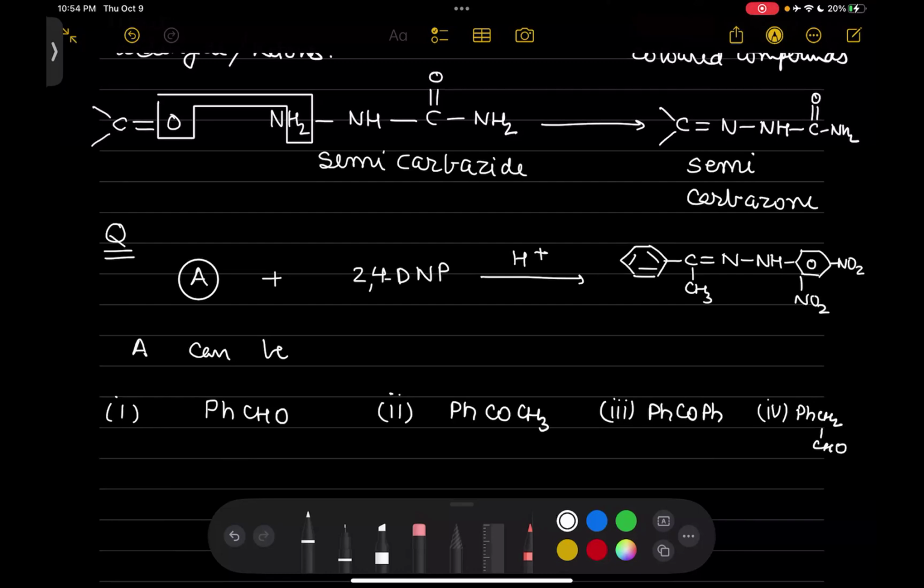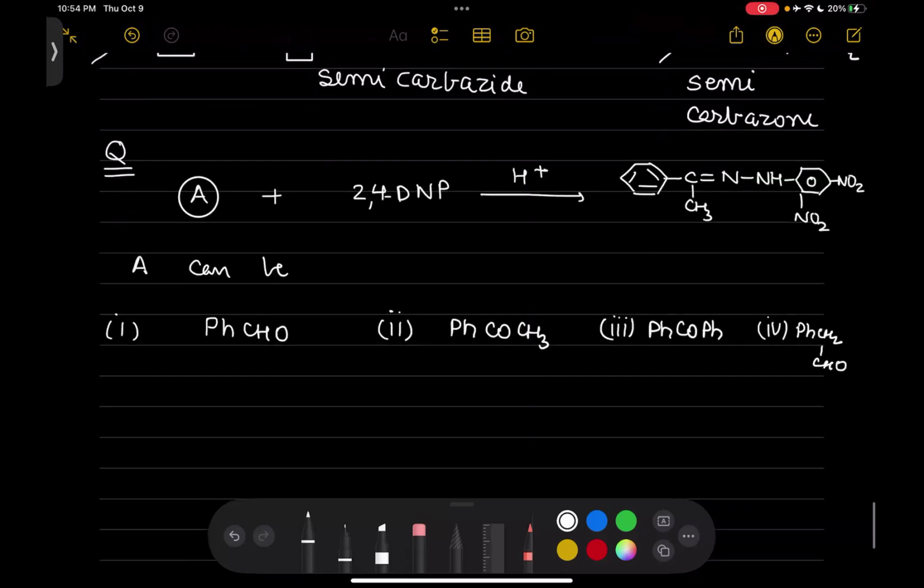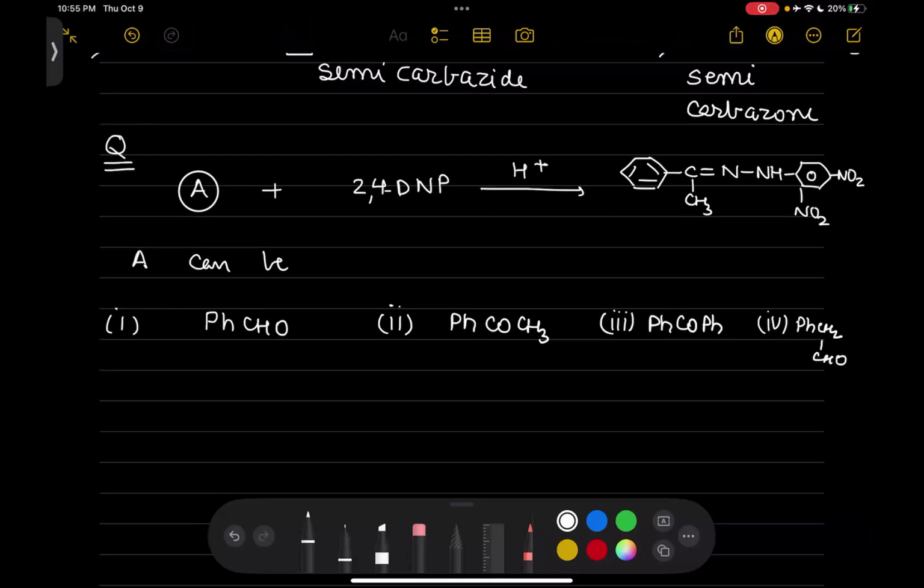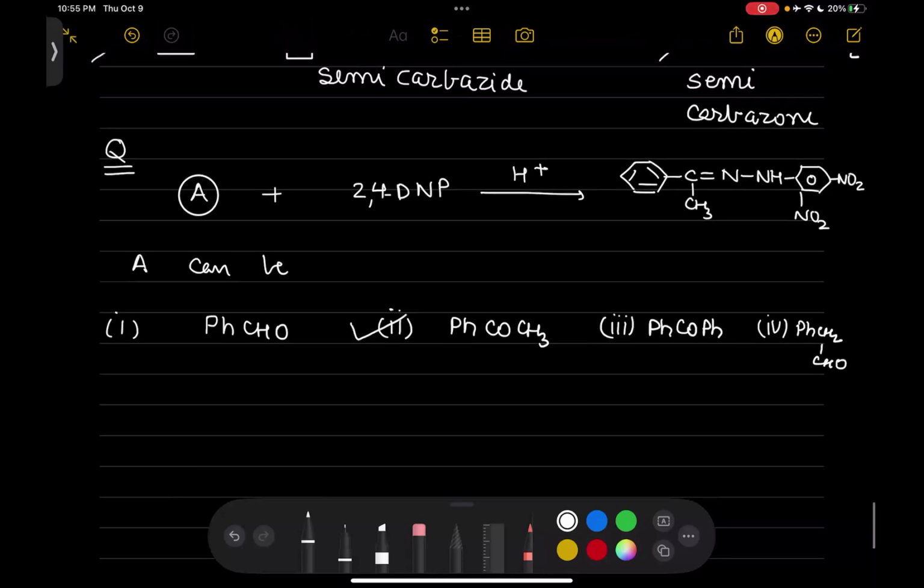Yeah, Marwa and Jasleen, tell me quickly. Look at the answer and just figure out which ketone may have given that. PhCOCH3. Yes, absolutely correct.